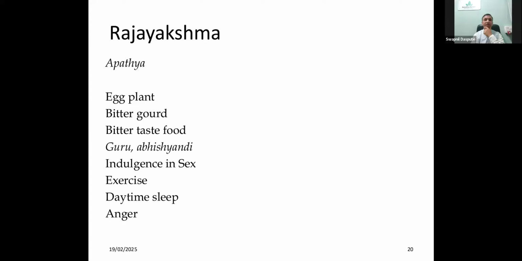What do you think? In the classical textbooks, milk is given as the Anupana for Chyawanprash. So ideally it should be consumed with milk. If they have a burning sensation or are high on pitta, you can certainly tell them to consume it with milk.